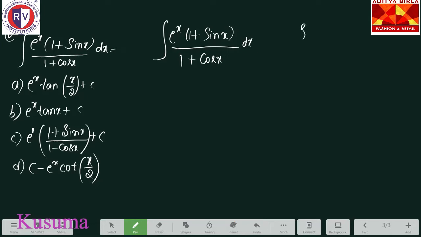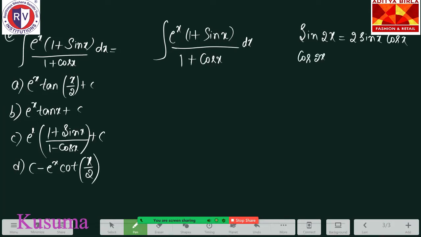So we can make use of this formula, right? We have sin 2x is equal to 2 sin x cos x, and cos 2x is equal to 2 cos square x minus 1. Let us make use of this formula here.